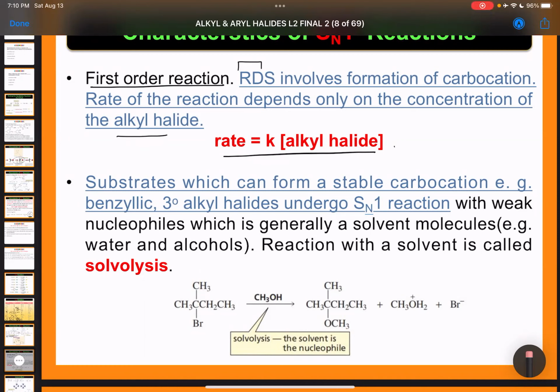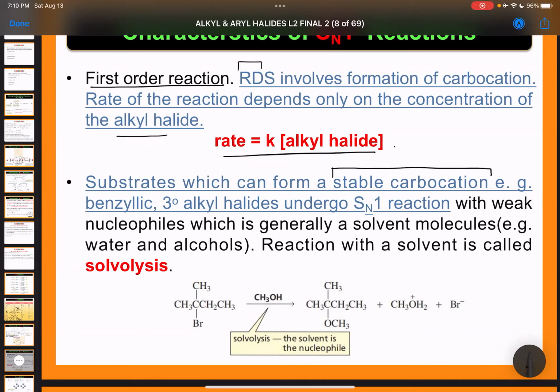So what kind of substrate do you need to take that will make SN1 easier or faster? More substituted, which has more alkyl groups. Yeah, that is one of the points.